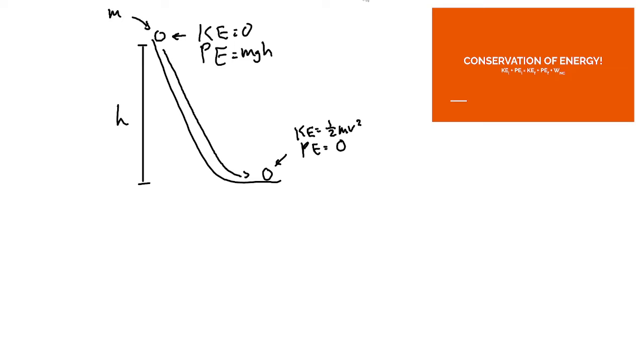And if you were to just solve for this and say there's no friction, there's nothing about rolling, that would mean that your total amount of energy, which is your total mechanical energy, is going to be equal to your initial kinetic energy plus your initial potential energy equals your final kinetic energy plus your final potential energy.